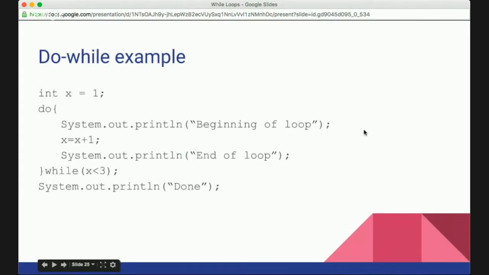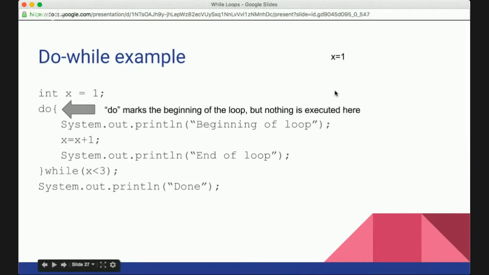In more context it looks like this. You set x equal to 1 first, just for this example. Then you have the beginning of the loop. Just to note, do doesn't actually execute anything.